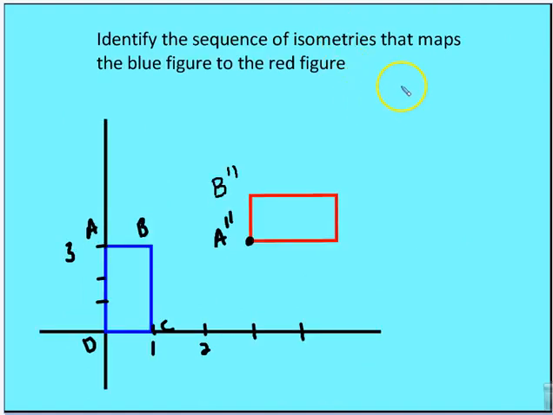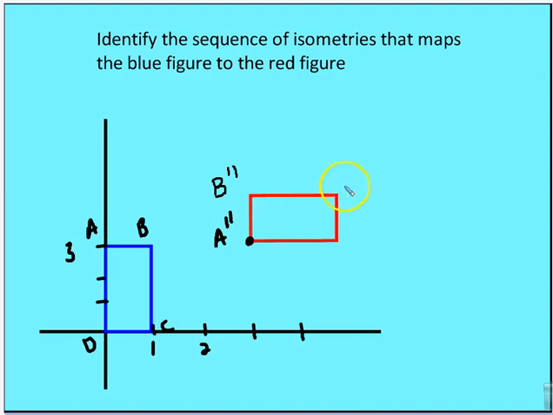All right, so I want you understanding that composition of isometries works in a certain way and knowing how to write a command for a transformation. I want you to tell me the two commands that would get the preimage ABCD to map onto A double prime, B double prime, C double prime, D double prime.